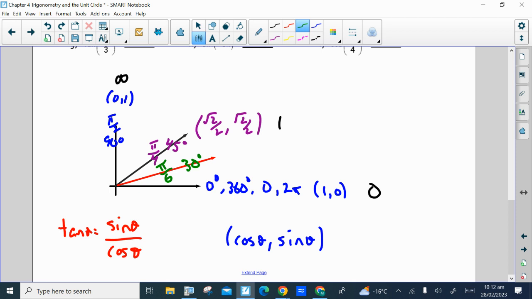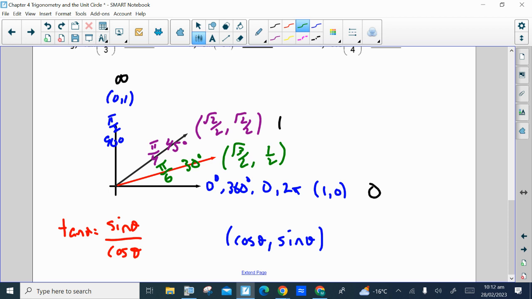The first finger is 0. The next stop is pi on 6 radians, or 30 degrees. So it's the root of this many fingers over 2, root 3 over 2, comma, root 1, which is 1 over 2. So that's where those values come from. This tells you the cosine of those angles and the sine of those angles.